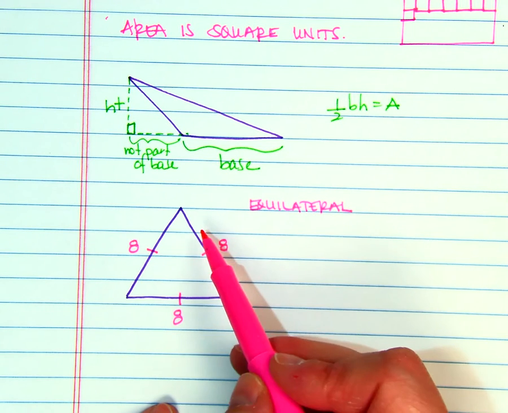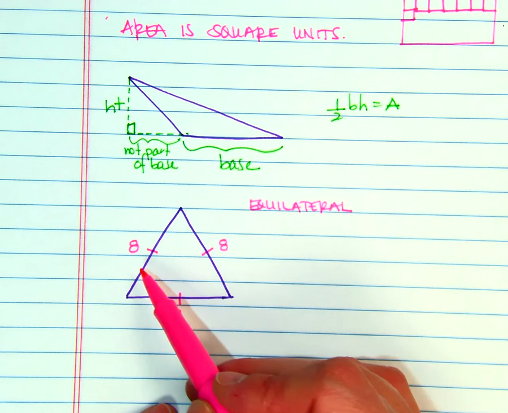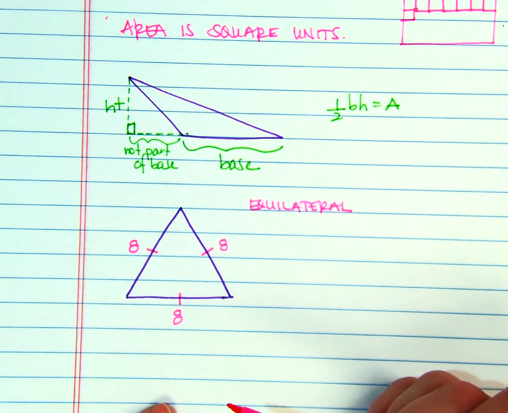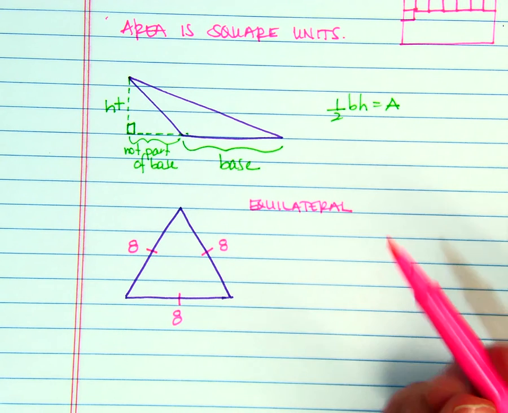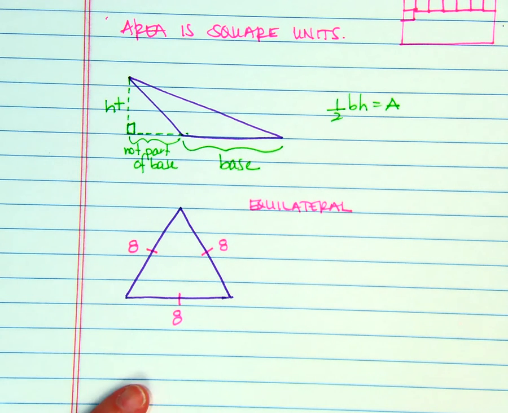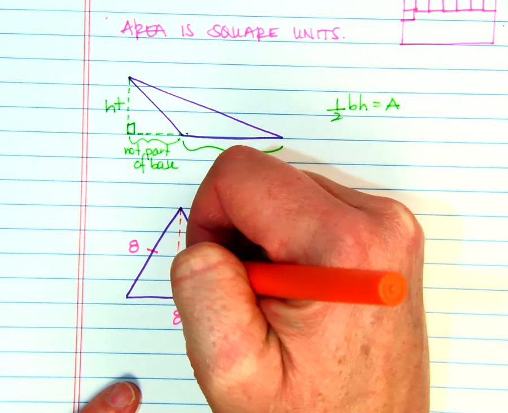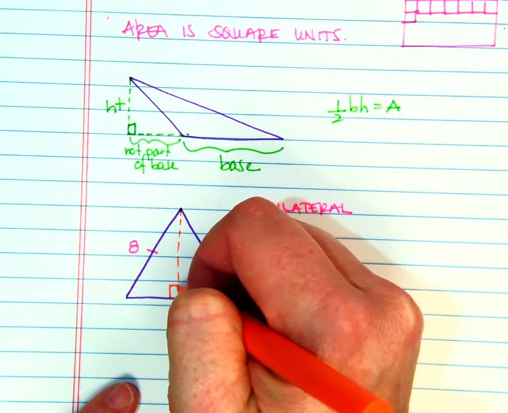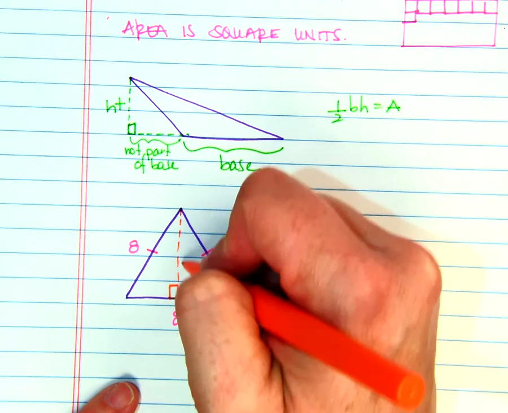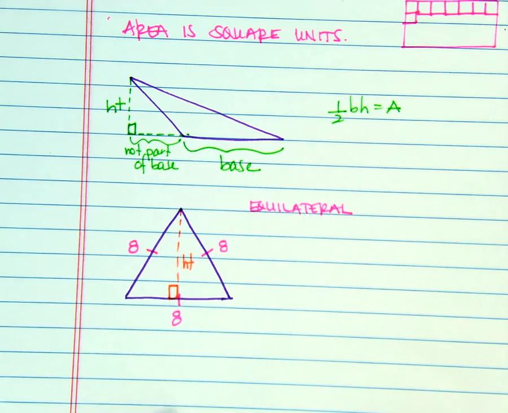Well, none of the sides form a right angle, so these can't be my base and my height. I don't have anything else drawn there. So we can draw the piece that goes from any of the vertices perpendicular to one of the sides. So that means this is going to be my height.